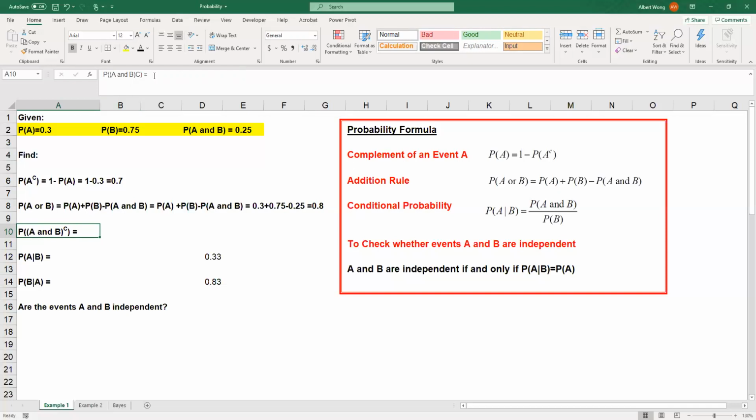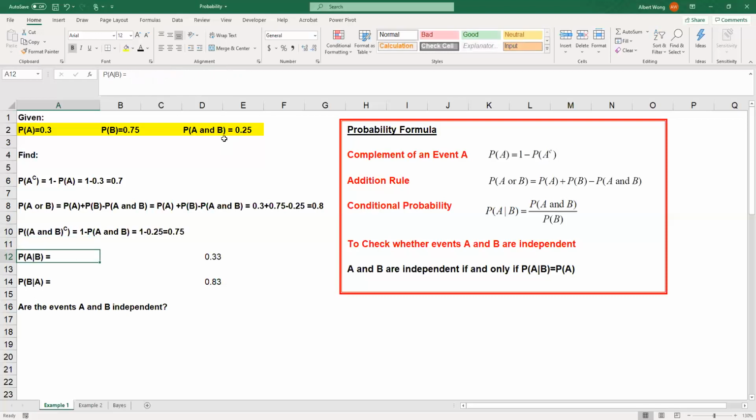Therefore, the probability of the complement of A and B is equal to 1 minus the probability of A and B as the event. And once we write this down, the calculation will be very simple. In this case, it would be 1 minus 0.25, which is equal to 0.75.